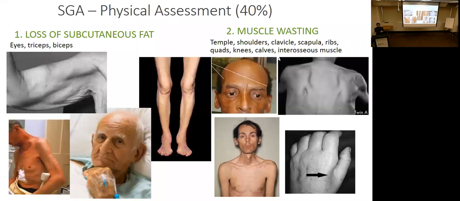Is there evidence of muscle wasting in the quads? And are the knees bony? A lot of the time we usually have that nice fat and muscle padding around the knees, so has that declined? And also the interosseous muscle on the hand, if there's a concave there, that's also something that we look for.